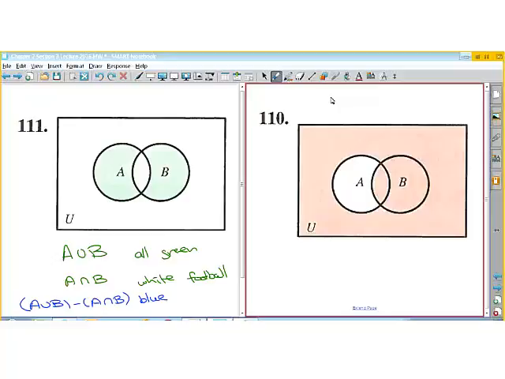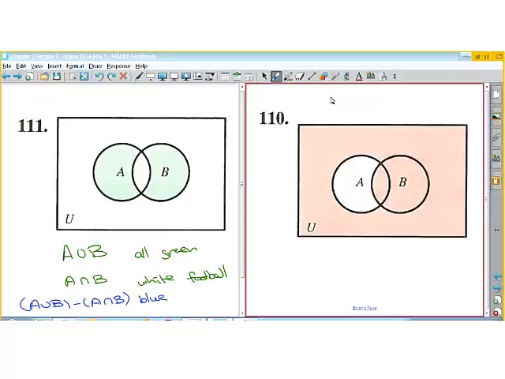Again, we're trying to figure out what the orange area is. So what if we figure out what the white area is and then take the complement of it? That makes sense. So what is the white area? A prime would be all this stuff outside.